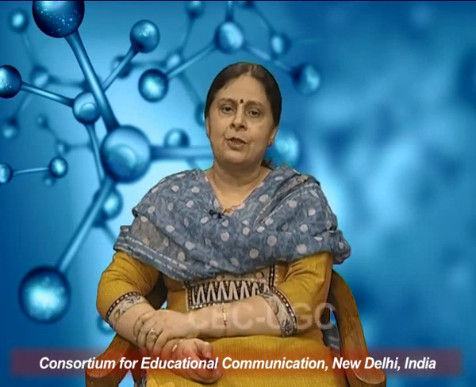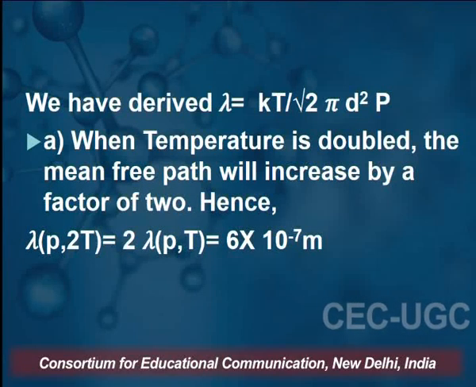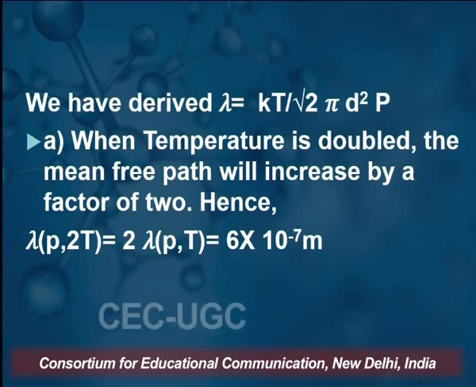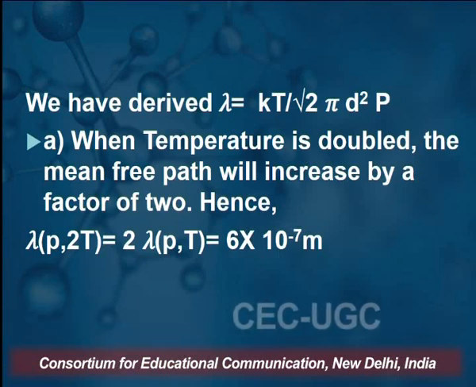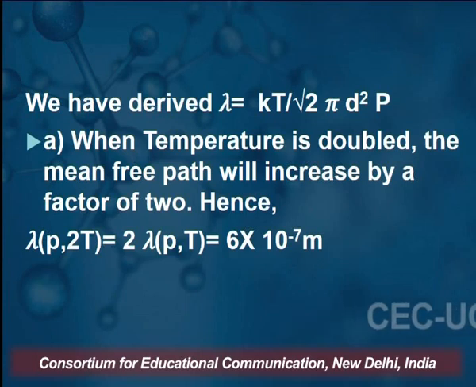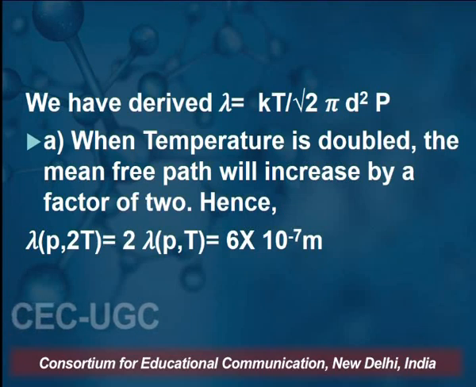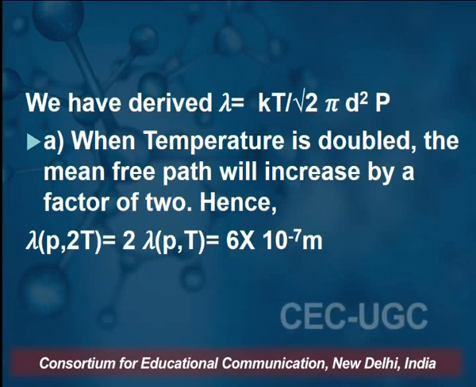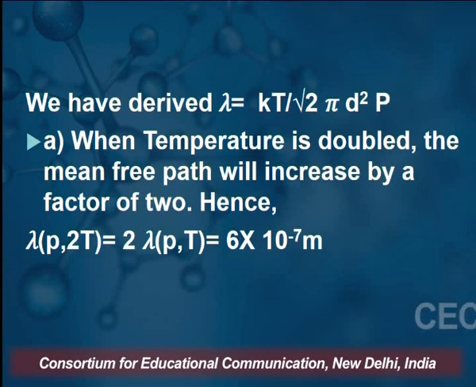We already know that lambda is equal to kT by root 2 pi d square p. When the temperature is doubled, the mean free path will increase by a factor of 2. Hence lambda(p, 2T). It means lambda taken when pressure is taken as p and temperature is taken as 2T.